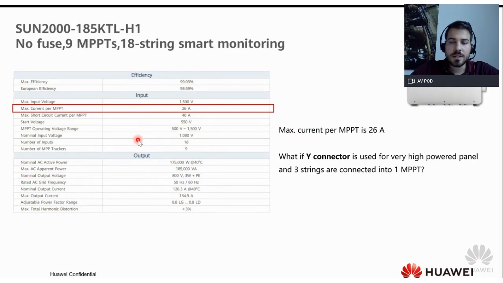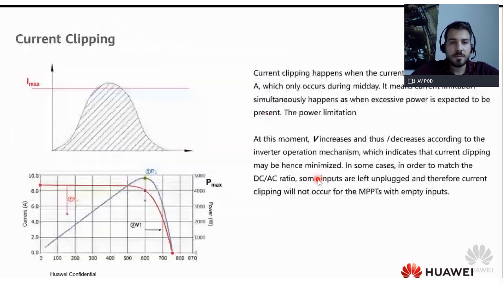So this is what the MPPT can accept in working conditions. So what if somebody is using a Y connector, and let's suppose it's a high powered panel, and the three strings combined might be larger than this number.